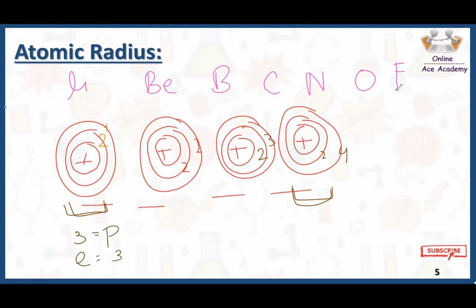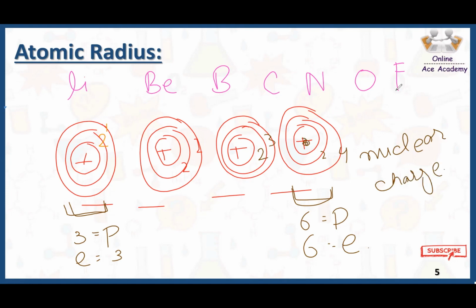In carbon, we have 6 protons and 6 electrons. So it's very obvious that here we have a greater nuclear charge. Due to the greater nuclear charge, the attraction of this nucleus towards the outermost electron is greater, and due to this, the size of the atom gets smaller; it shrinks.